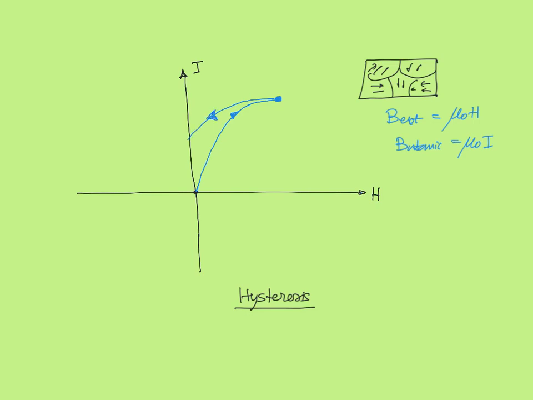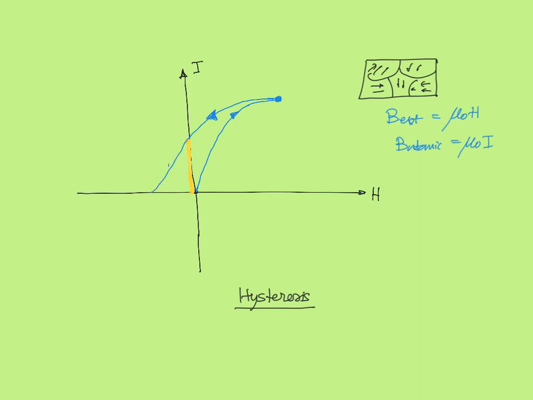This is the retained magnetism, and this distance along the I-axis is the retained magnetism. It shows the retentivity. Now, if I want to demagnetize it completely, then I have to apply the external magnetic field in the opposite direction.